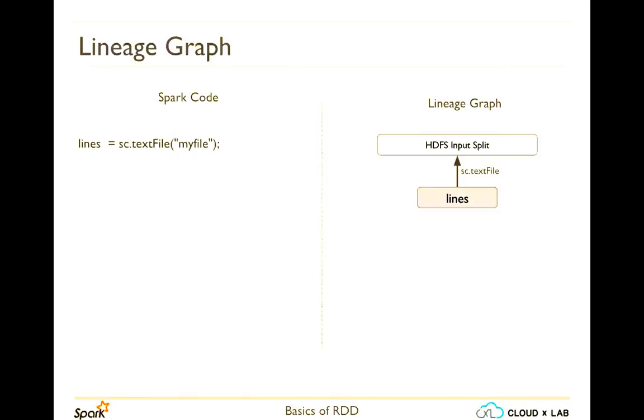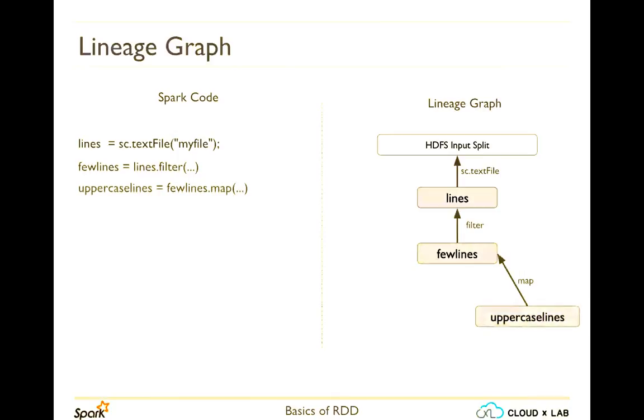And then the arrow represents the operation, like textFile. Then we say filter. Then it creates another node called few lines, which is basically filter on top of the lines. Then we have uppercase lines, which is nothing but map on top of few lines. Then lowercase lines, which is basically map again on top of few lines.